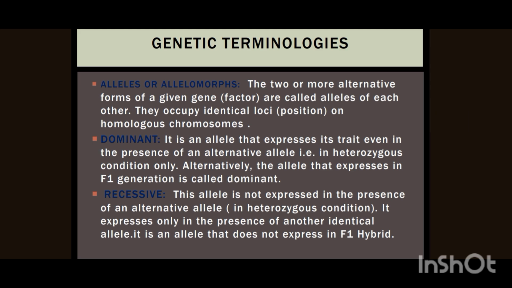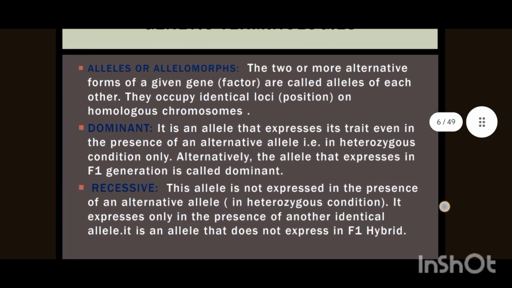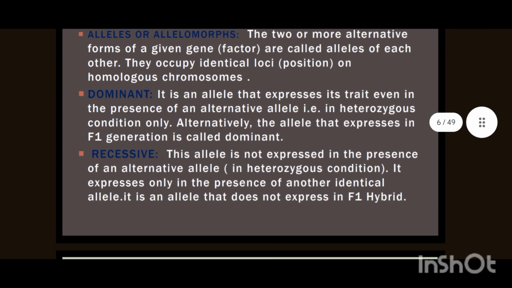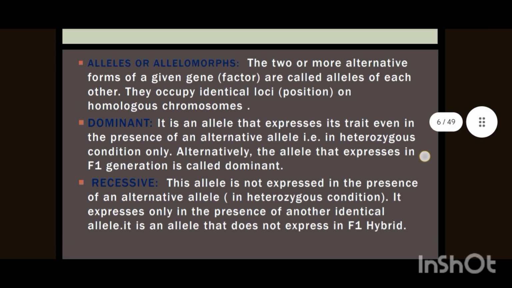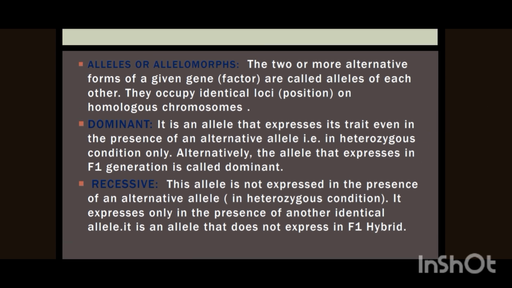Dominant and recessive. As I said, we human beings inherit two genes or two alleles, one from our mother and one from our father. So every organism receives one gene from one parent and the other gene from the other parent for a specific character. For example, for height, we will receive a trait, that is tallness, from one parent and dwarfness from the other parent.